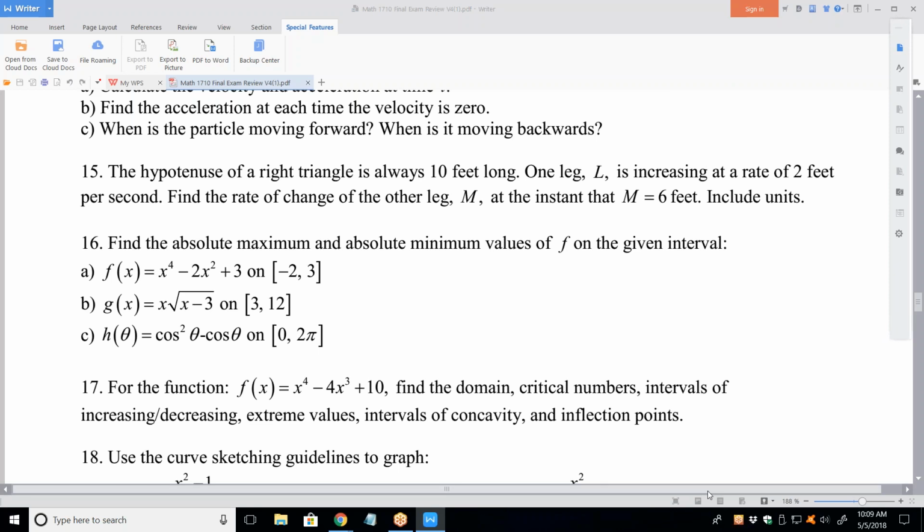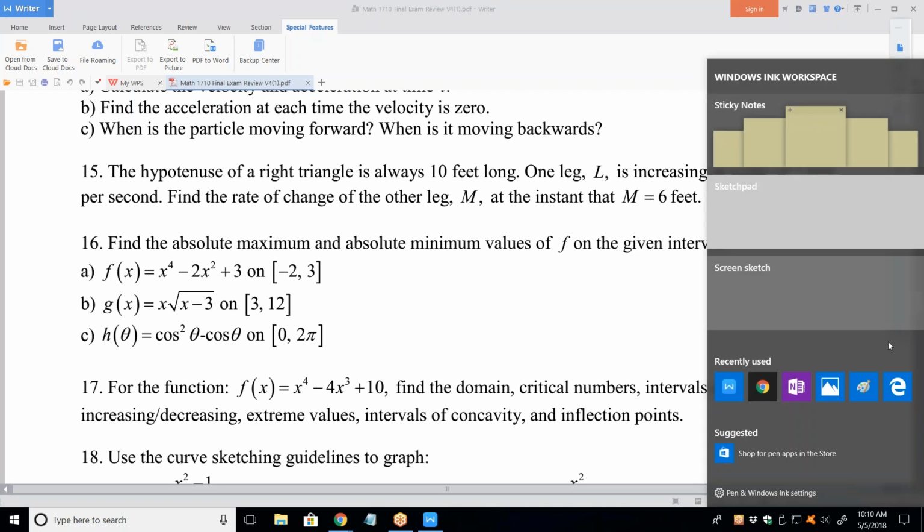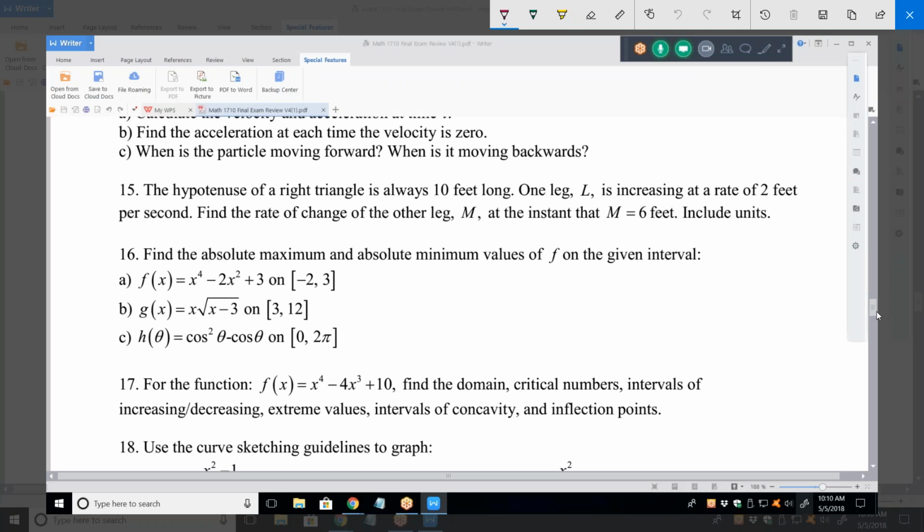So the hypotenuse of a right triangle is always 10. One leg is increasing at a rate of 2 feet per second. Find the rate of change of the other at the instant m equals 6. Okay, this is the classic related rate problem. Almost all related rate problems, you want to draw a picture.